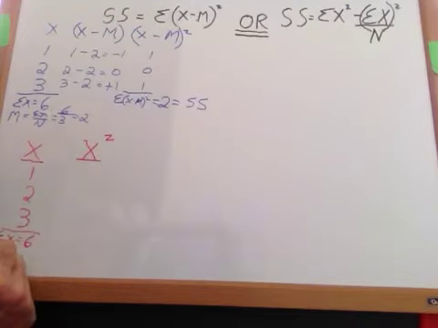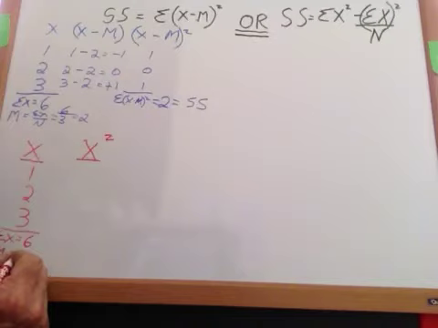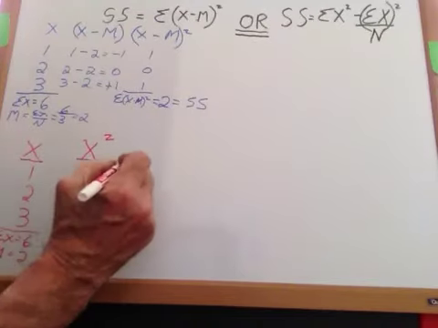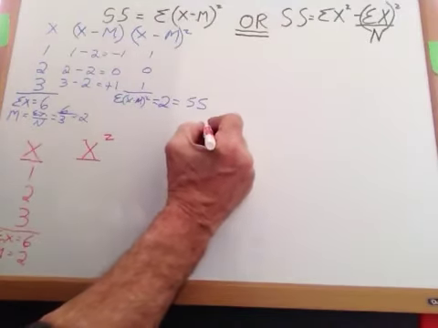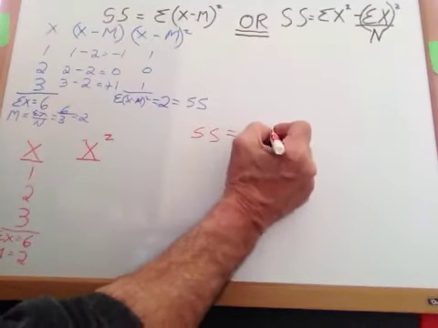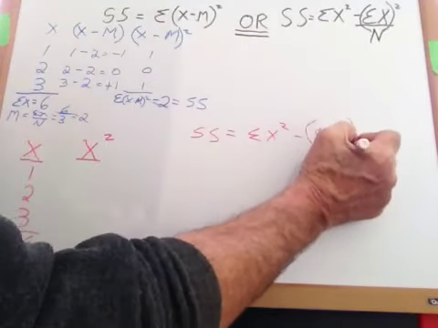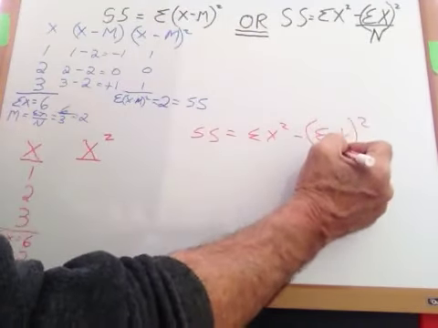We get the mean, same thing as before, equals 2. Now our formula is this: the sum of squares equals the sum of x squared minus the sum of x, squared, divided by n.